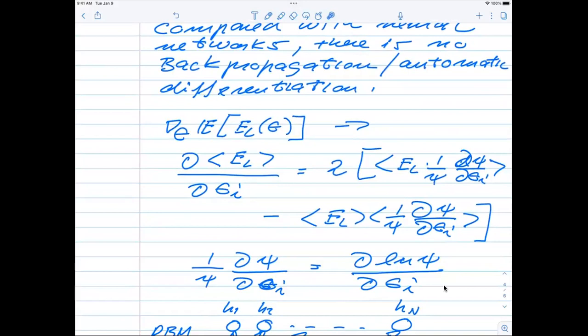Now, there is another reason for why we do this. And this is in case you have time and you want to look at how you can implement a neural network to solve the same type of problem. Now, if you use a neural network, then you need to implement the backpropagation algorithm, and you need also to implement, let's say, automatic differentiation and other things.